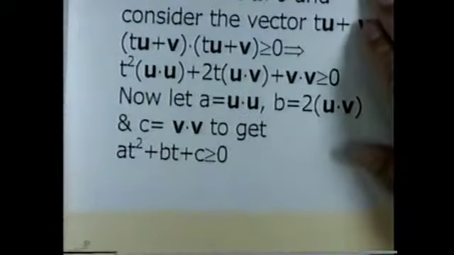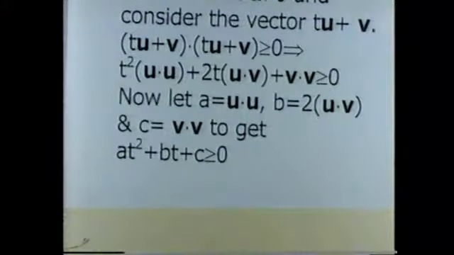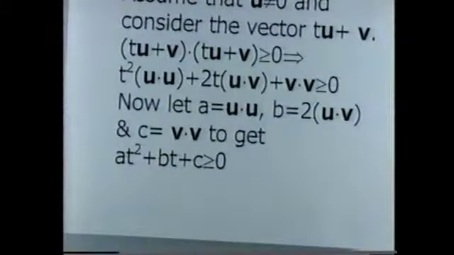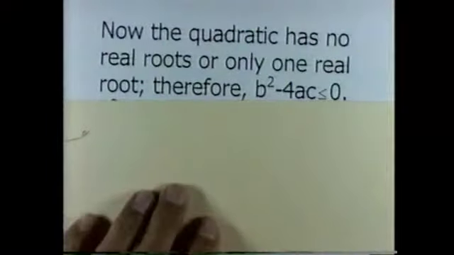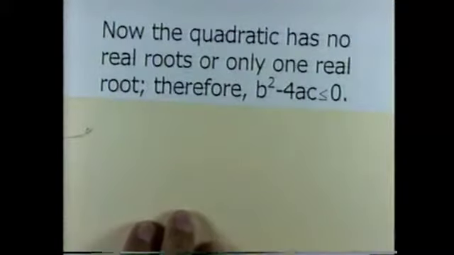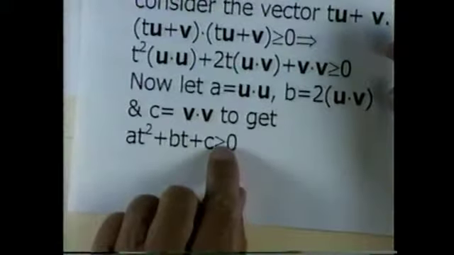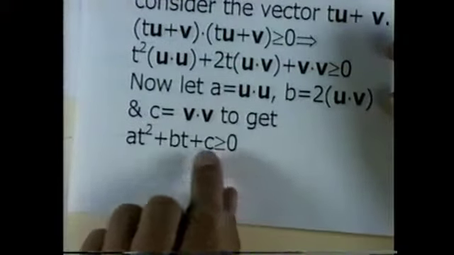Well, notice now we have a quadratic equation. The quadratic has no real roots, or only one real root. Now notice the quadratic is always greater than or equal to 0.